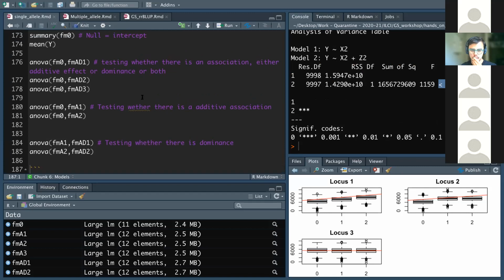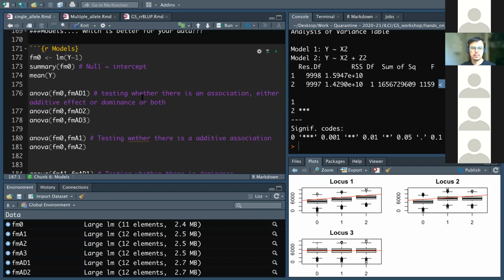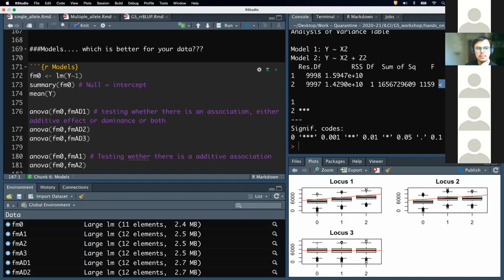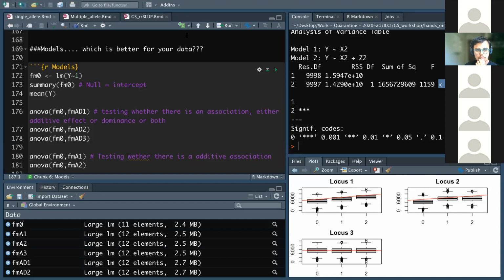Thank you. I'm sorry I'm asking many questions, but unfortunately last time I was not able to get internet connectivity, so I missed it. As far as these ANOVA commands are concerned, let's assume, for example, that we are doing ANOVA for testing whether there is an association, either additive, dominance, or both additive and dominance.